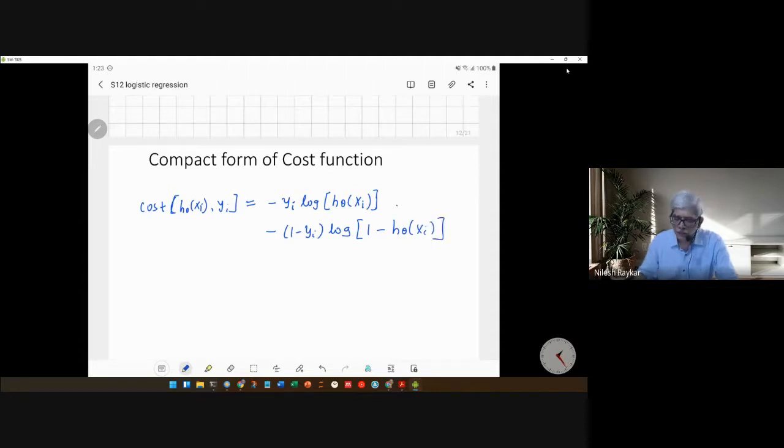So this is a single function which simulates the two cost functions that we just now saw.